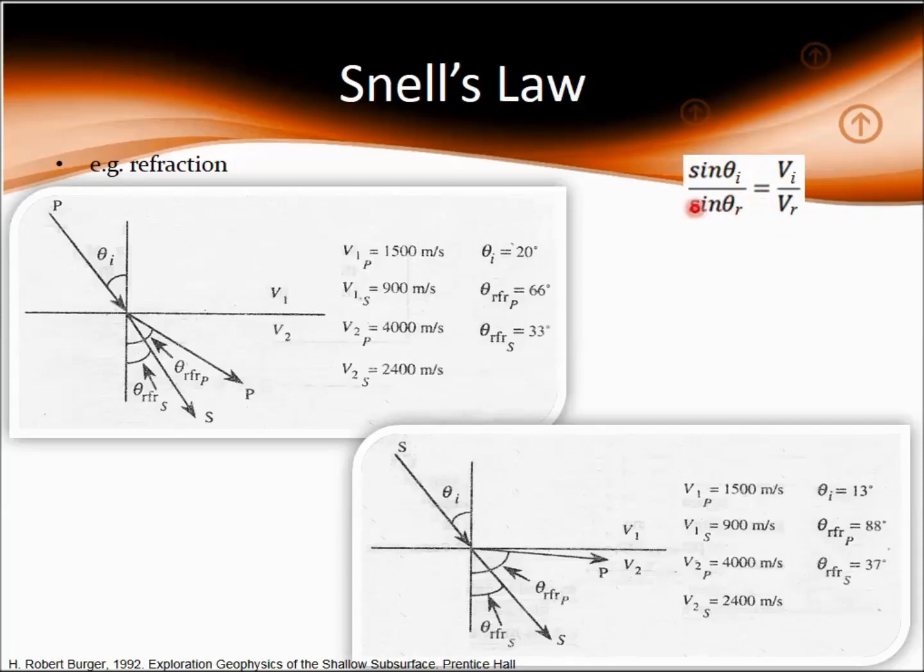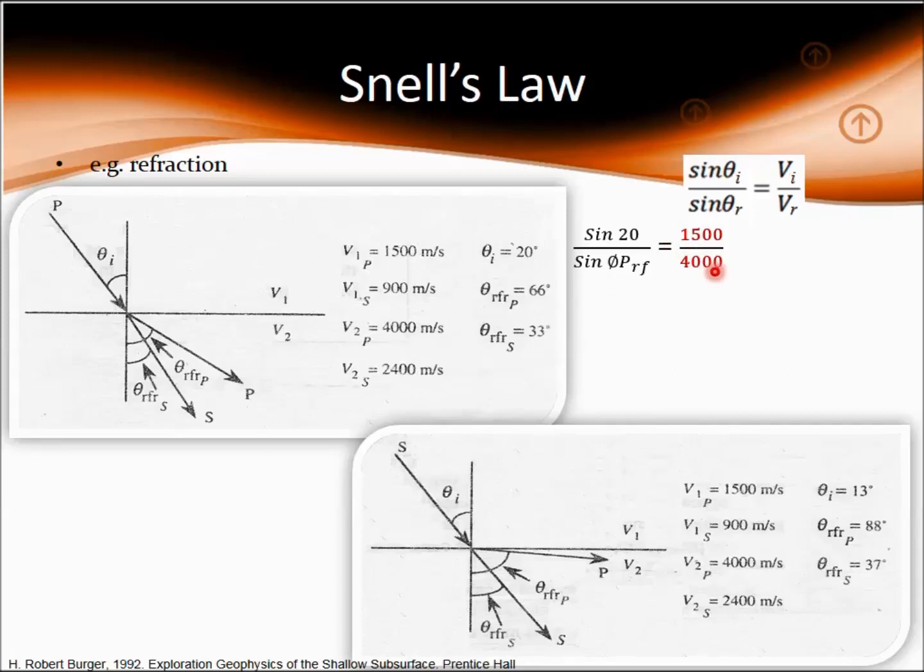So we go to the refraction angle of the P wave first. Here it will become this kind of equation: sin 20 over sin theta P wave refraction is equal to 1500 meters per second over 1400 meters per second.